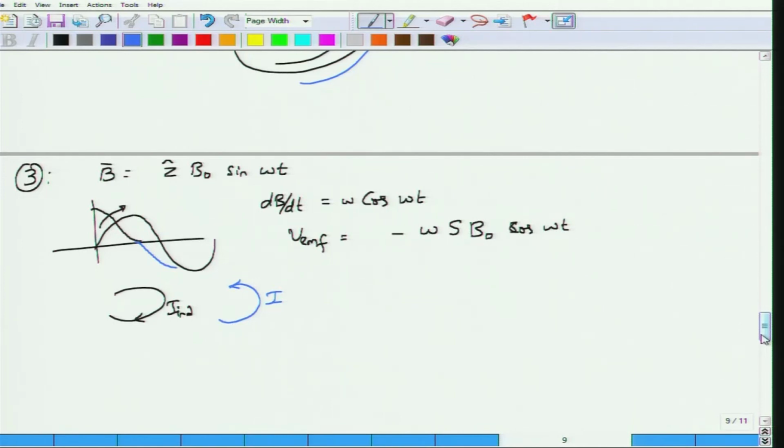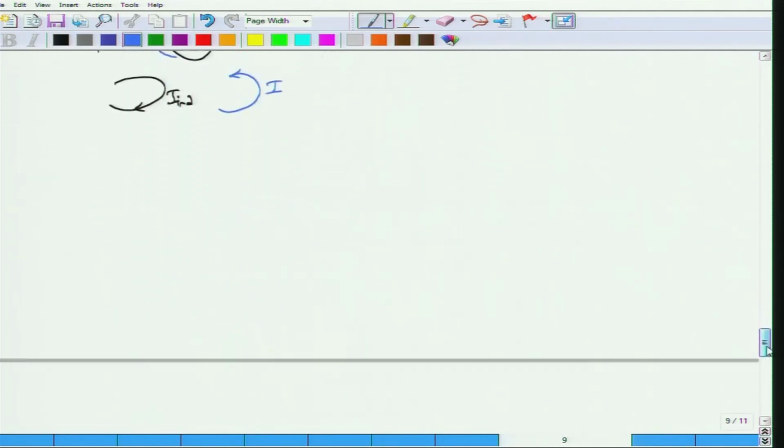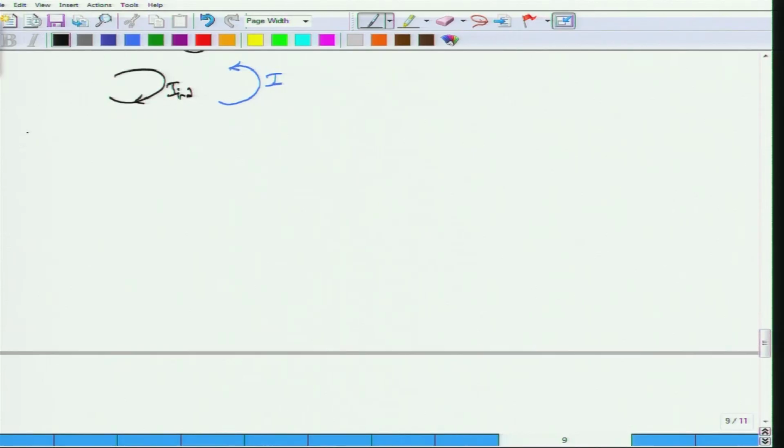As another example, consider an inhomogeneous magnetic field. Let us assume that B field is given by some Z directed field, except that this would be changing with distance: B0 cos pi r by 2b cos omega t.